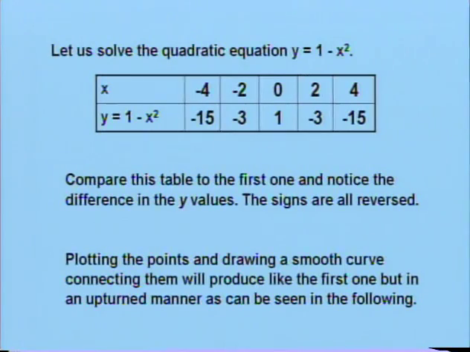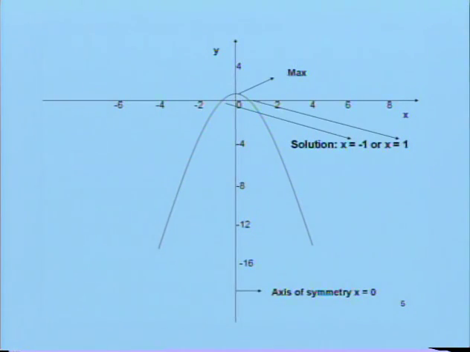Plotting the points and drawing a smooth curve connecting them will produce a curve like the first one, but in an upturned manner, as can be seen in the following diagram. Notice that the curve turns upside down compared with the first one. In this case, this function will have a maximum value as indicated at the turning point there, marked max.